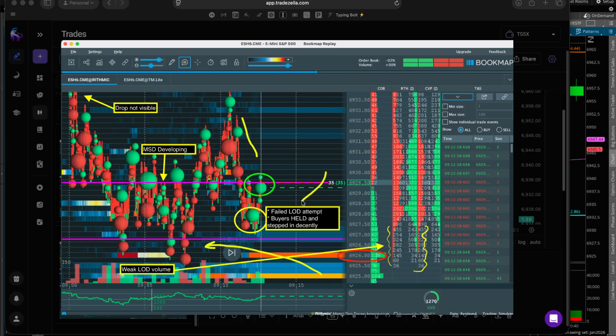We actually just failed to hit the low of day, and buyers held this price level here at the 69.27 2/4. And when we bounced from there, I got an entry right here at 69.29 2/4. And I put my stop loss right here with this red circle, and this was the 69.26, which was around the low of day.